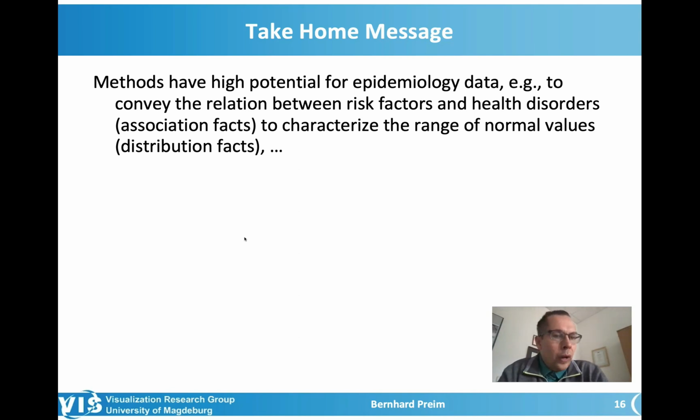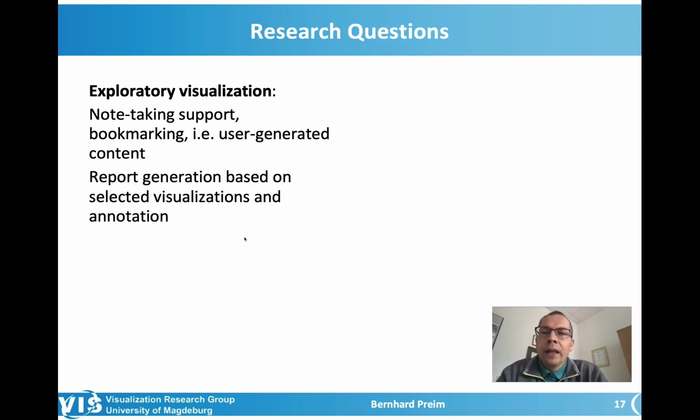And in a similar way, like described here, one could try to automatically identify important data facts that better characterize risk factors and their relation to health disorders. So these are correlation or association facts, but also distribution facts are interesting, for example, to understand what is indeed a range of normal values for a certain laboratory parameter.